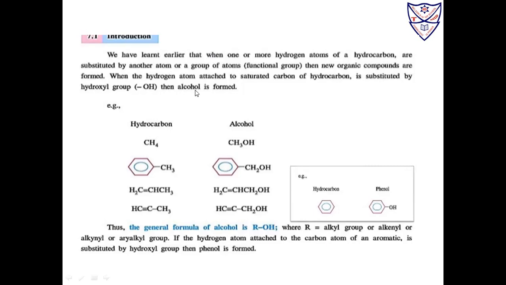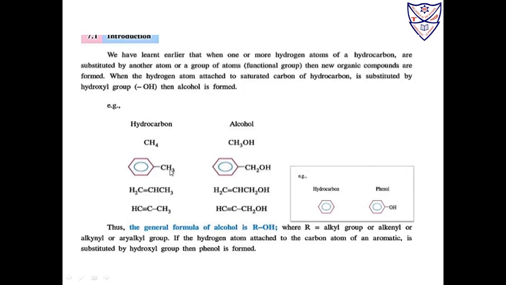Then alcohol is formed. Let's take an example of a hydrocarbon, CH4. In CH4, when the OH group, that is the hydroxyl group, is attached, it forms methanol, CH3OH. This is a benzene ring with a CH3, that is toluene.